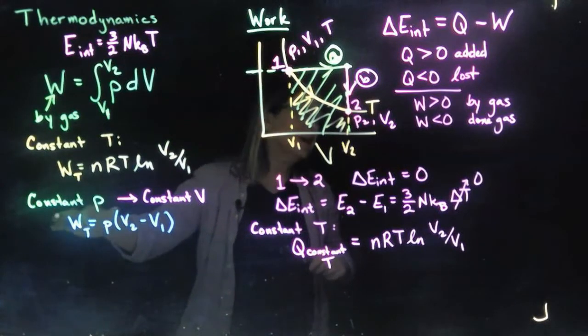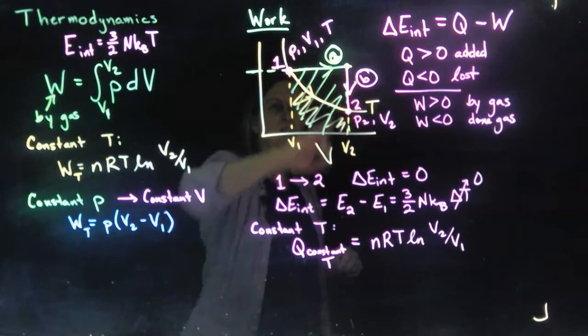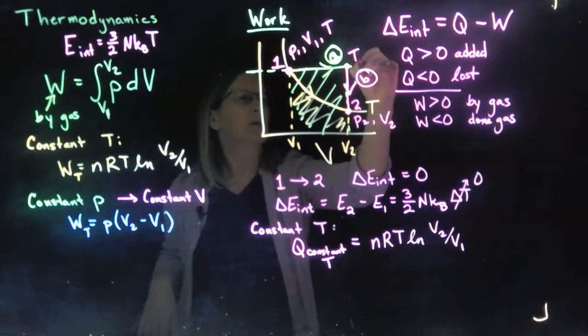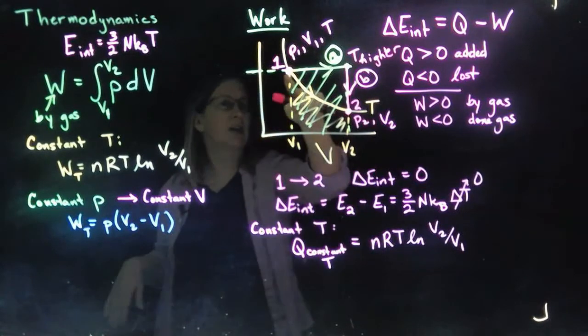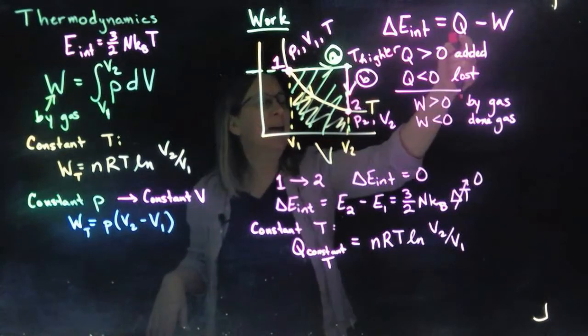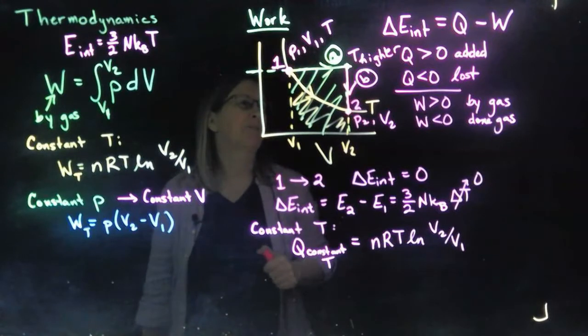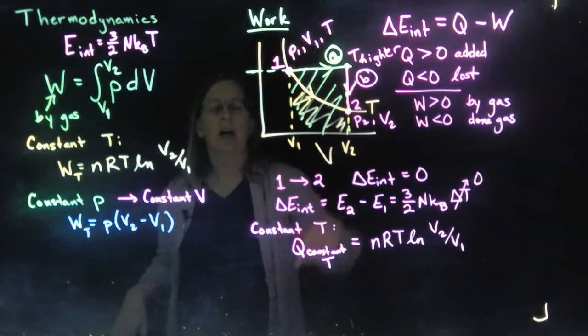Now, in this second instance, we have a change in internal energy because this is a higher temperature. And we can figure out the change in internal energy, and that's created by both the heat and the work here. Okay, and so we'll look at that for constant pressure processes.